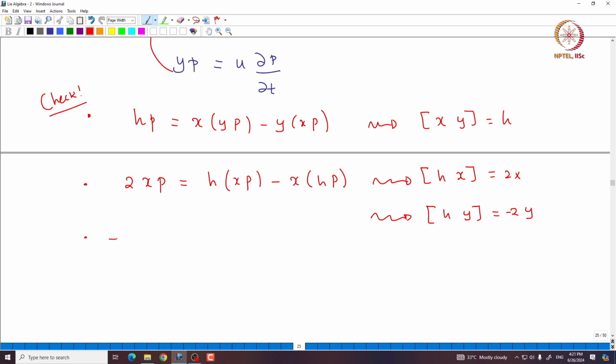So, that means minus 2yp should be equal to h y p minus y h p. Okay. So, these formulas one can check directly. This is a direct computation.